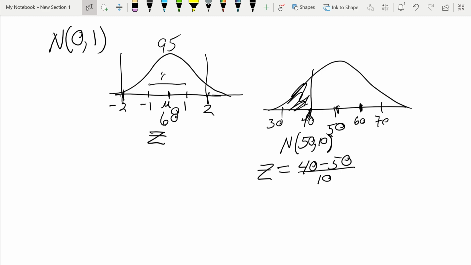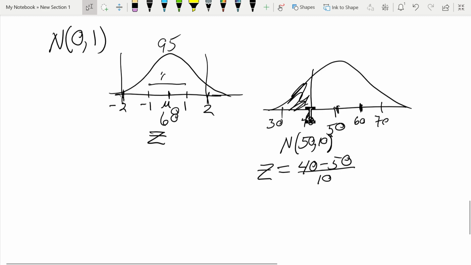This way, we're looking at the actual numbers. This way, we're looking at how many standard deviations. So, this is one standard deviation up. It corresponds to that spot. And if I take 60 minus 50, divide by 10, I get plus 1. So, this is a normal distribution. This is standardized.